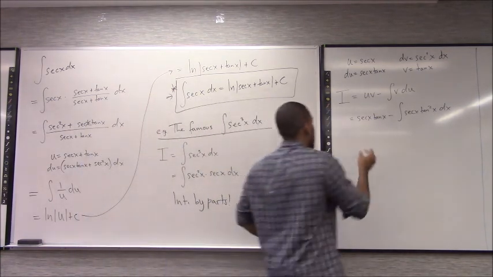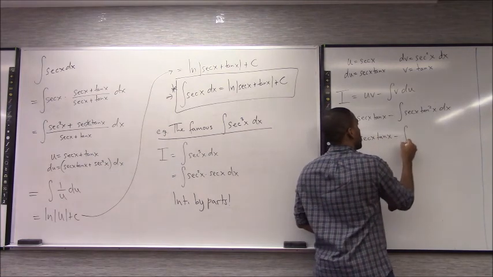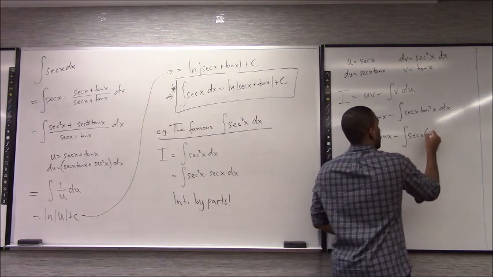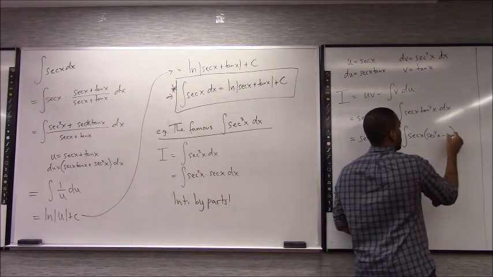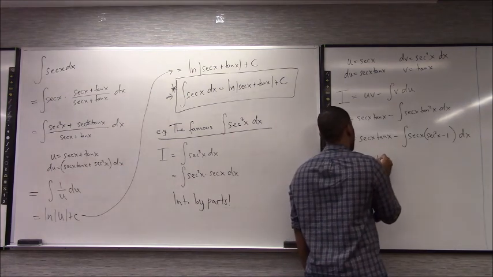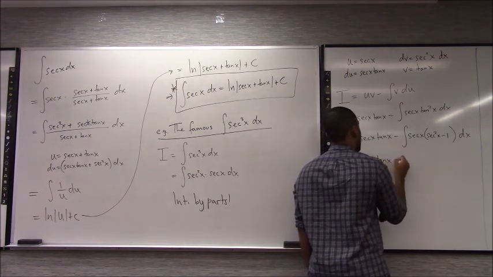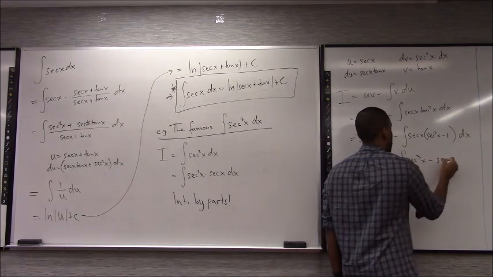So we invoke the Pythagorean identity: tangent squared is equal to secant squared minus 1. And so what we end up with is the integral of secant cubed x minus secant x.